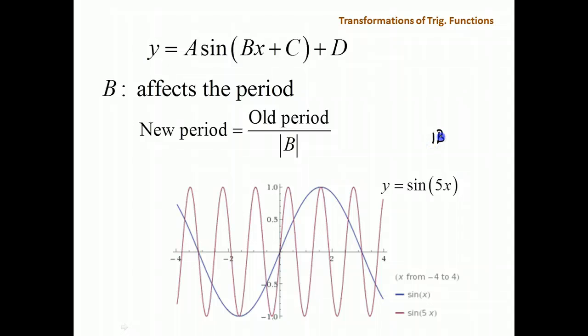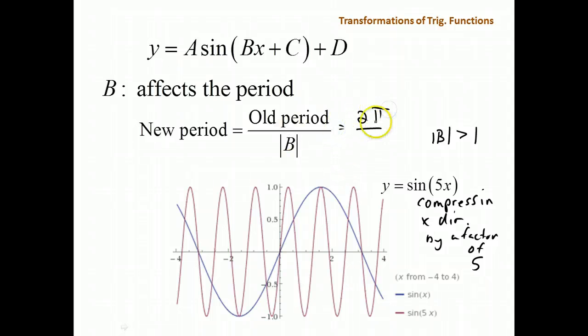The absolute value of b is greater than 1. When this happens, it isn't a stretch, it's a compression by a factor of 5. We compress in the x direction by a factor of 5. The new period is going to be the old period divided by b, which is 5 in this case.